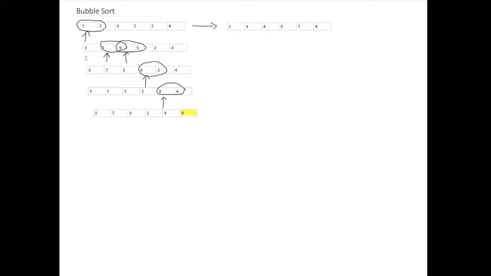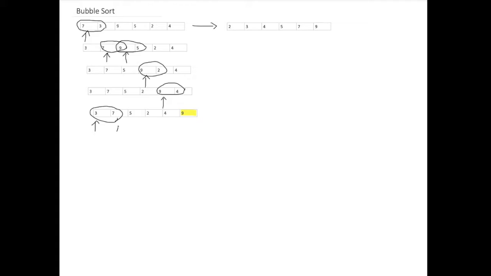So now let's continue. So in the next step, what we're going to do is we're going to compare, starting from the beginning, 3 and 7. Because we start the pointer again at the first location. When we compare 3 and 7, no change because 3 is less than 7, so we don't have to swap.